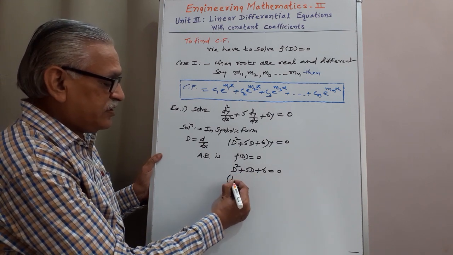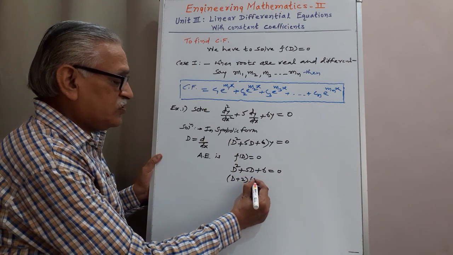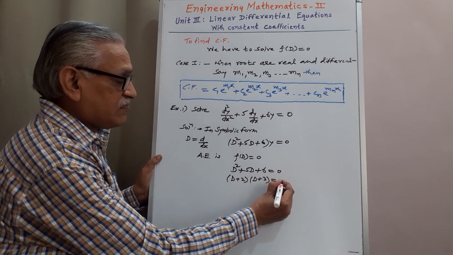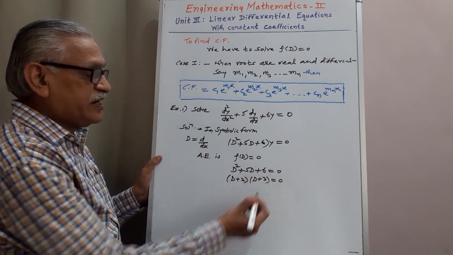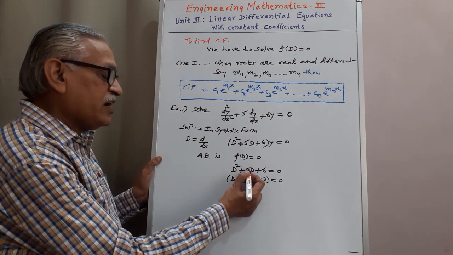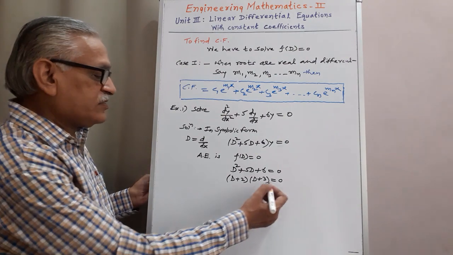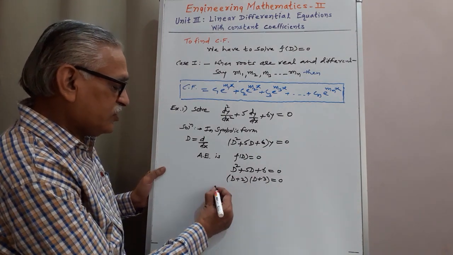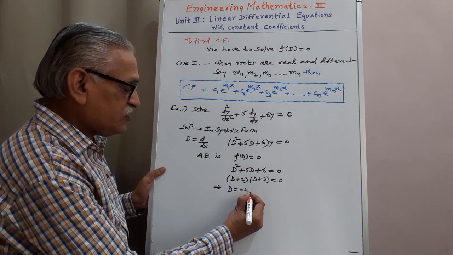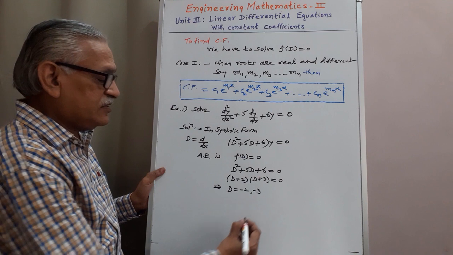Therefore, it is D plus 2, D plus 3. D plus 2 and D plus 3, these are the factors. Then equating each to 0, we get D is equal to minus 2 and D is equal to minus 3.